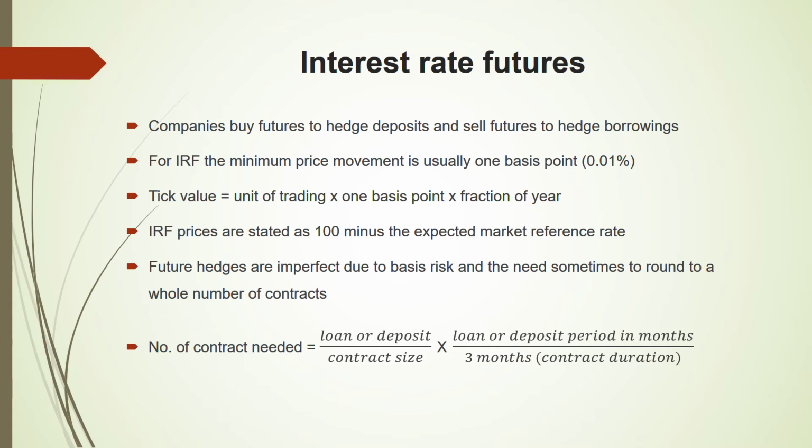It could be 5 months you want to hedge, or 3 months, whatever it is, divided by 3 months. Why not divide by 12? Divide by 3 months, because that is the contract duration. Contract duration means your future, and future is for 3 months only. So whatever the months you have to hedge, divide by 3. So that's your fraction.